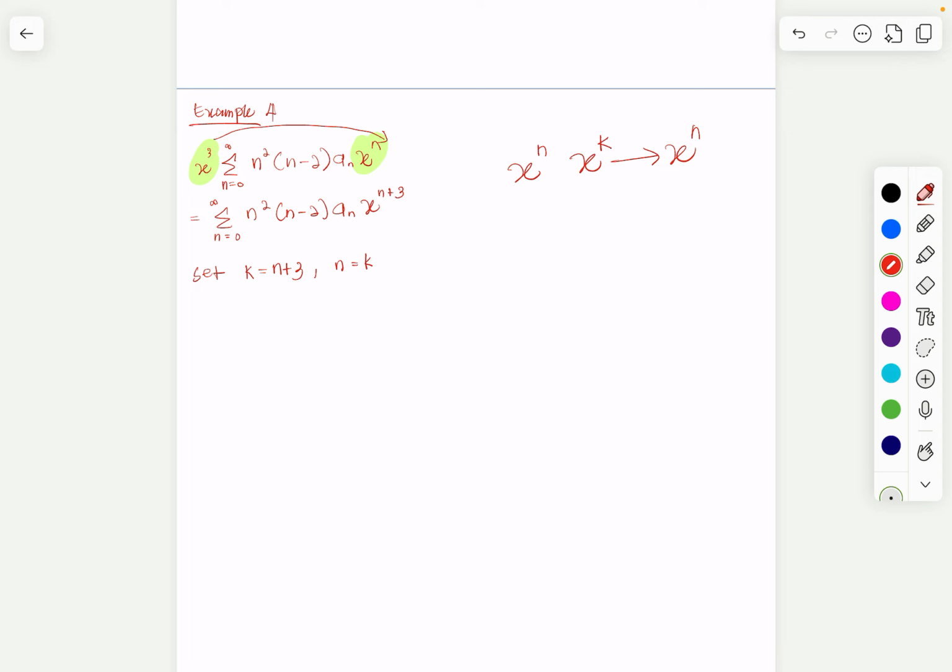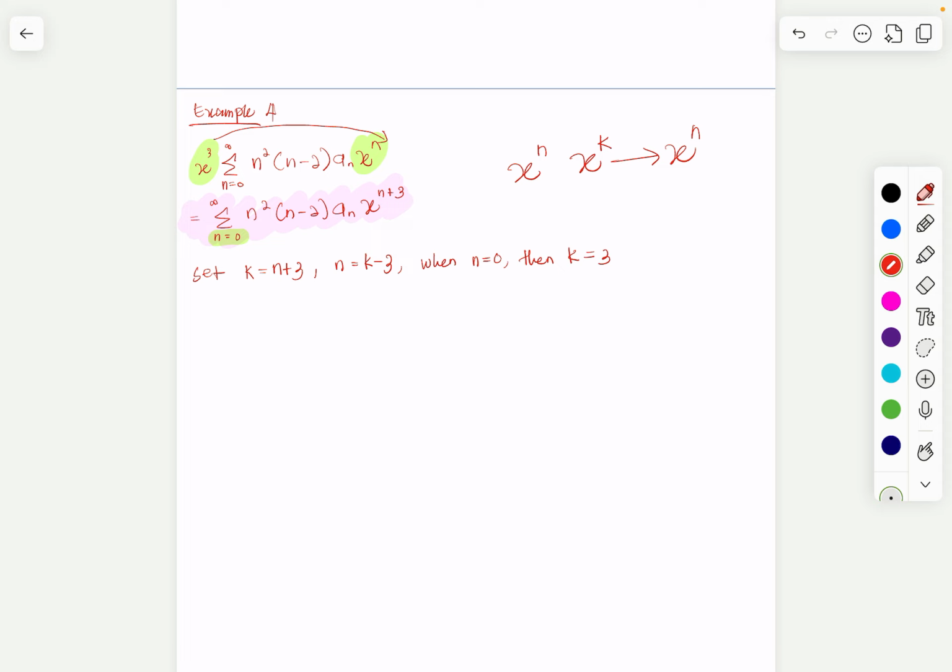Since our n starts with 0, what about k? When n equals 0, k equals 3. Now you can substitute this setup into this power series.